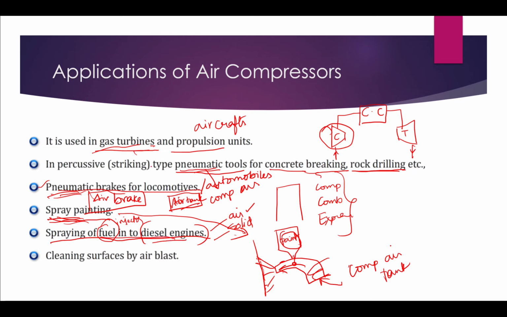Compressed air can also be used for inflating tires; all automobile tires are inflated using compressed air. It is also used for cleaning of surfaces. When work has to be done on any surface, air will be blasted onto the surface for cleaning of components.